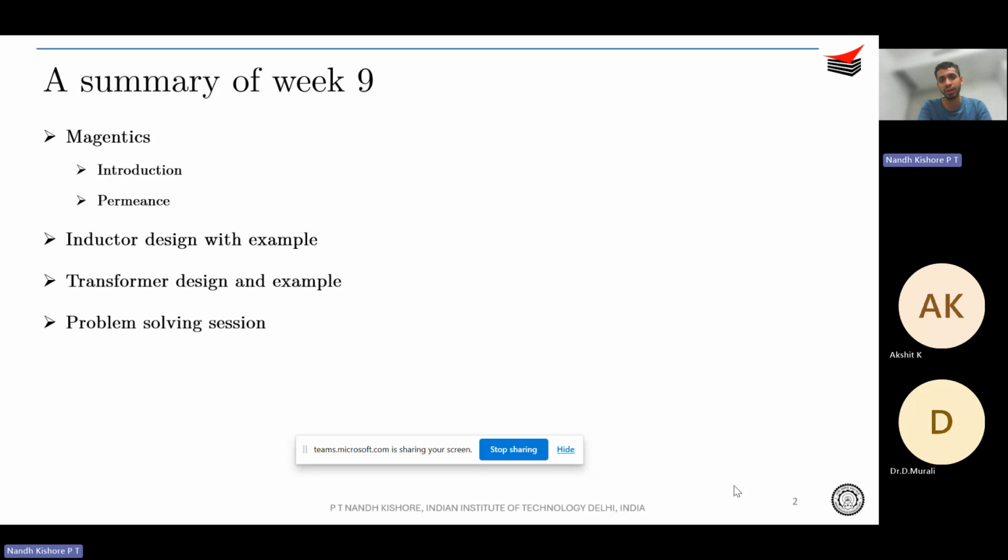So you have a criterion that says Kw into capital Aw should be greater than N into aw. That is, you need to have sufficient area available so that you are able to wind the required number of turns of the selected wire gauge. This is a generic process you follow for inductor and transformer design. Today we'll go into the problem solving part of that.